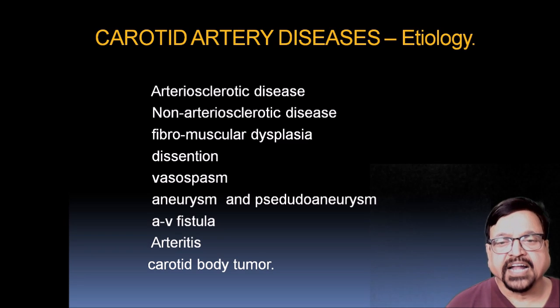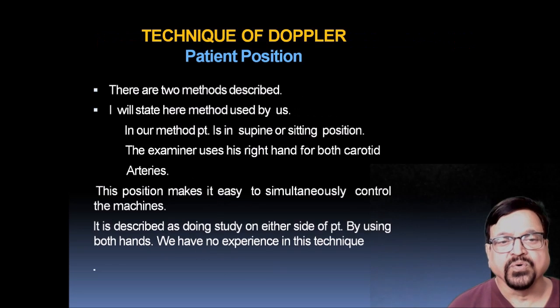Now, what are the carotid artery diseases? Atherosclerotic changes and non-atherosclerotic changes which can cause pathology in the vessel wall, that is the fibromuscular dysplasias, dissections, vasospasm, aneurysm, pseudoaneurysms, AV fistulas, arteritis, and carotid body tumors, to add a few.